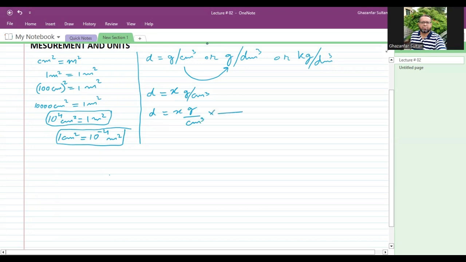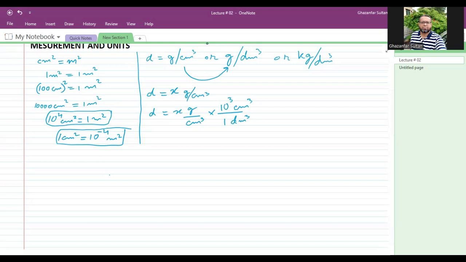But you need decimeter cube in denominator because this is our question. So centimeter cube must be cancelled. So centimeter cube in denominator, in numerator, and decimeter cube in denominator. So 1 decimeter cube is equal to 10 raised to power 3 centimeter cube that we have developed the relationship earlier.